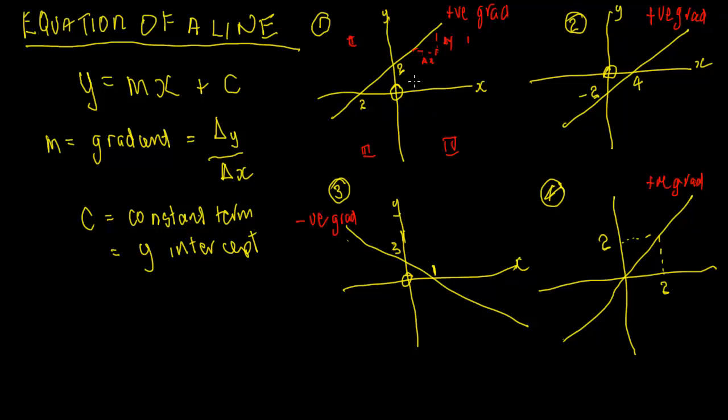You can very easily see that, because if you look at this equation and you set x to 0, which is the y-intercept here, when x equals 0, y equals c.